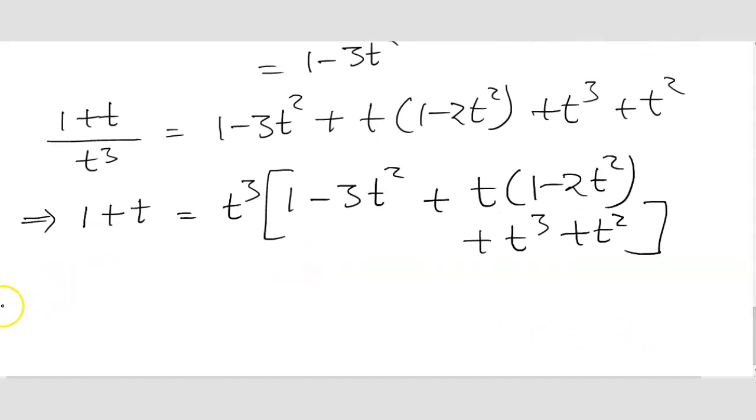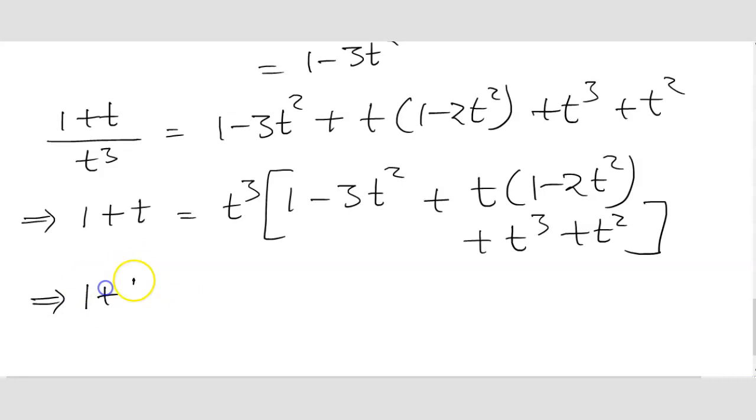And now if we make some simplifications of this whole thing, what will be the result? Let's simplify it then.